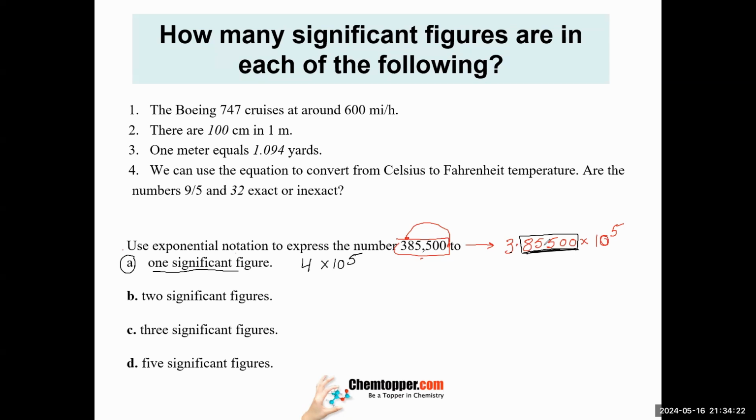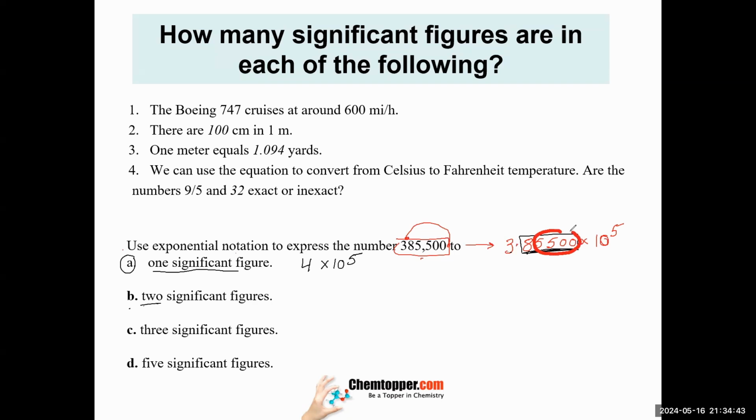You have dropped this, and this 8 is greater than 5. So 3 will become 4. Rounding off. We are doing rounding off. Okay, in the B part, put this number in two significant figures. Two significant figures means I have to drop this complete number.